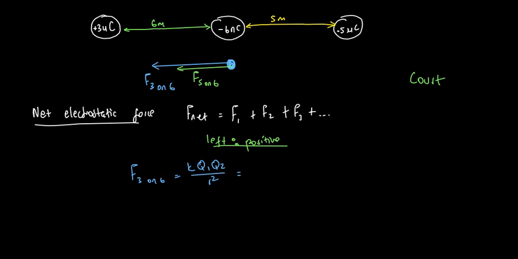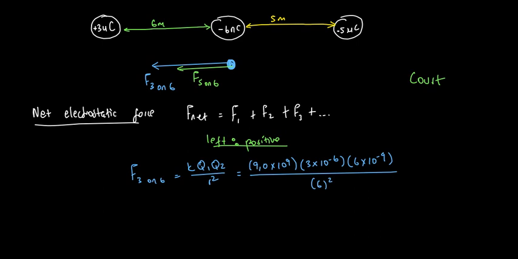That is 9,0 times 10 to the power 9, times Q3, which is 3 times 10 to the power negative 6, times 6 times 10 to the power negative 9, because it's nano, and the distance here is 6 meters.